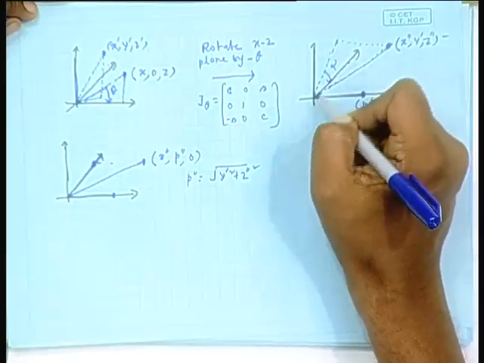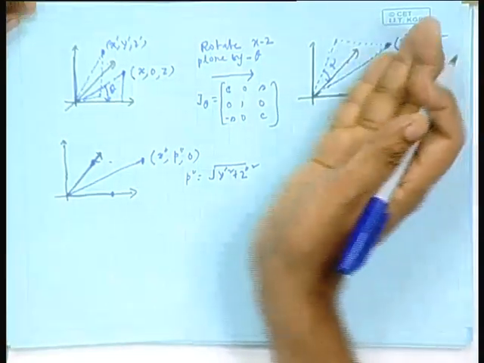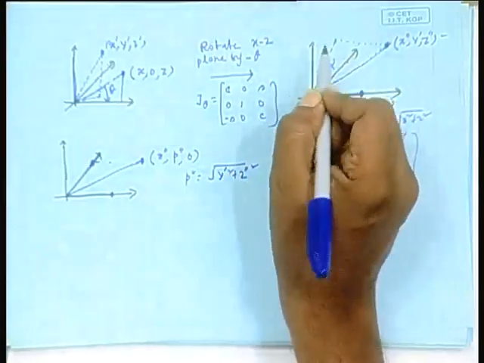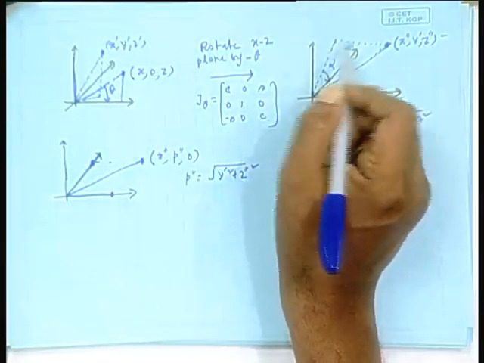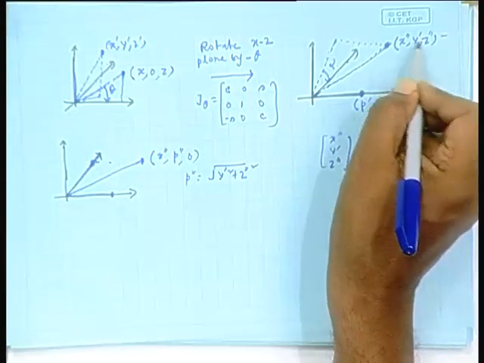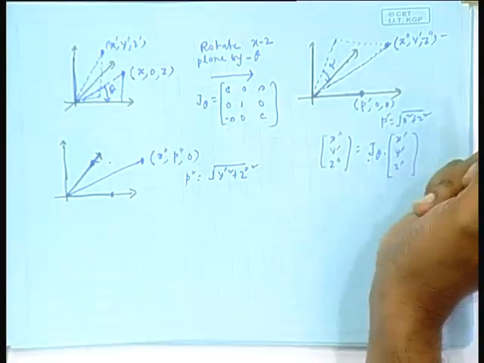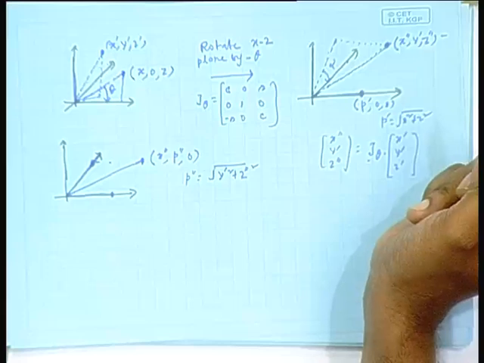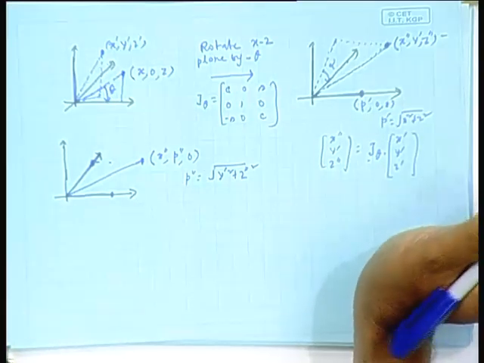It is the length of this projection, the norm of this projection, because once the y axis comes over this, this much becomes the new y value. That length will be what? The Euclidean norm, the square root of that, you apply Pythagoras. All right, so this is the situation.